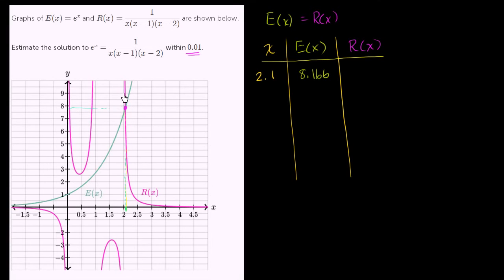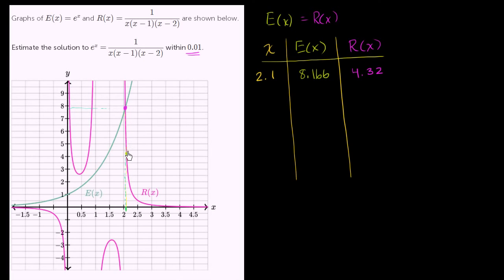Actually, that looks right because r of x declines so sharply right over here. So it's actually at 2.1 where r of x is closer to right over here, give or take. So it's equal to 4.32. So at 2.1, e of x is a much larger value than r of x.